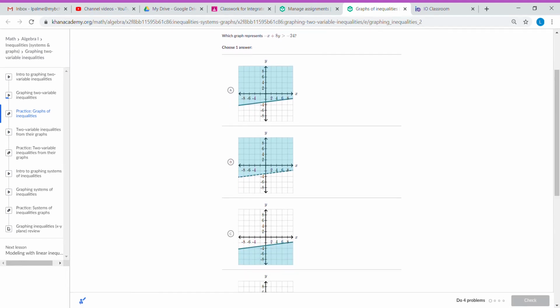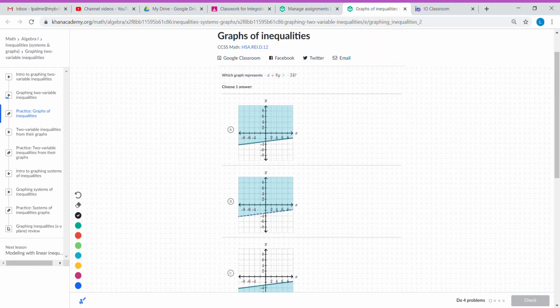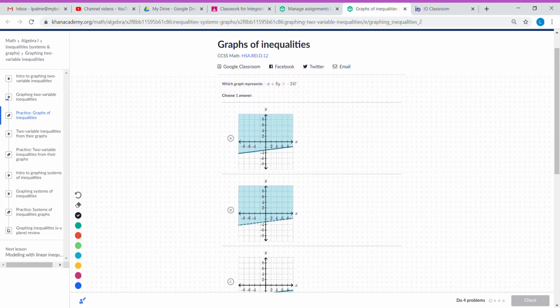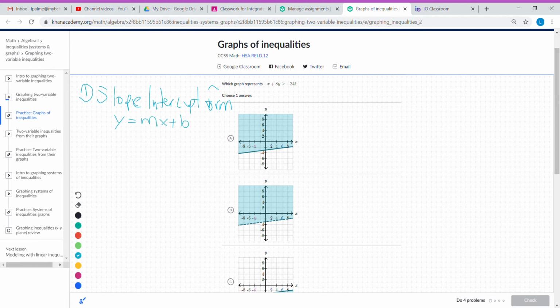Now, we need to know that in order to graph an inequality, there's a few things that we need. We need to make sure first that we are in slope-intercept form, which is y equals, or in this case, y is greater than, mx plus b.